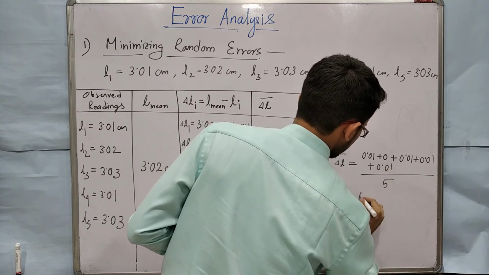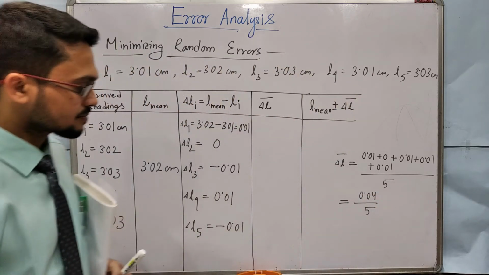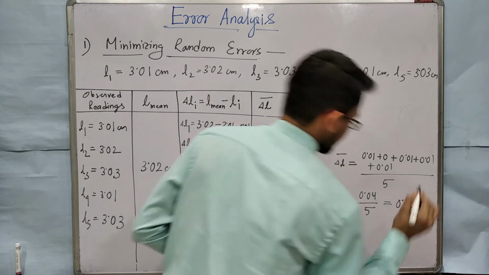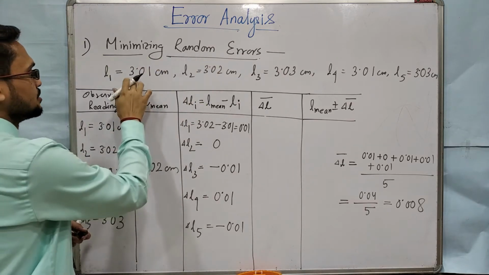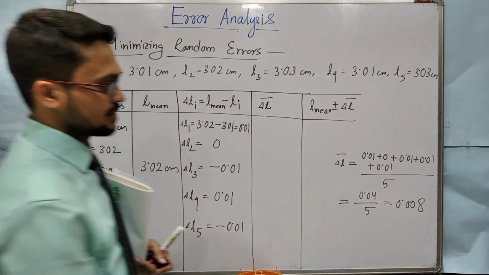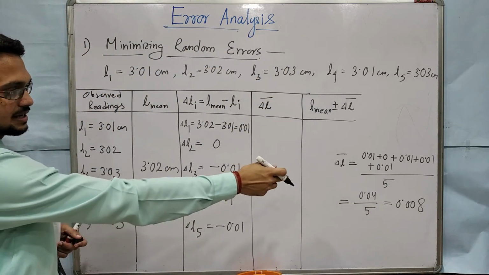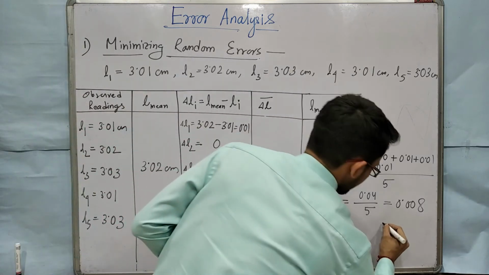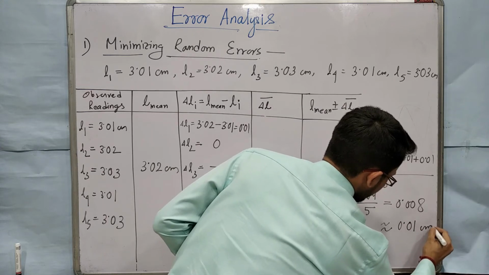You will get 0.04 by 5. After calculating you will get 0.008. Okay, but in each reading you have 2 decimal places, but here 3 decimal places. So we have to convert that 3 decimal places into 2 decimal places. So with rounding off, you will get 0.01 centimeter.